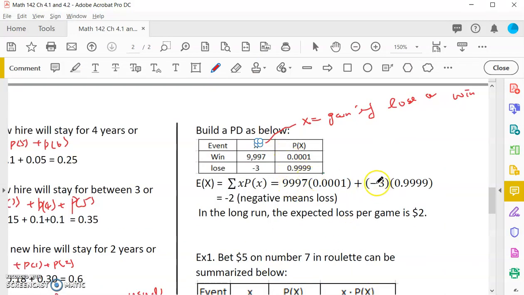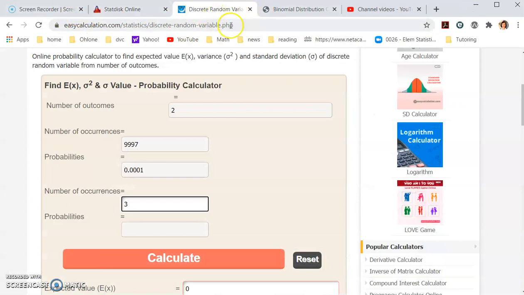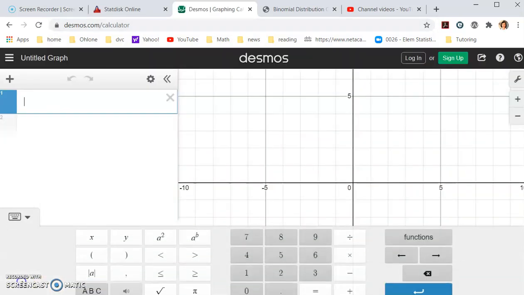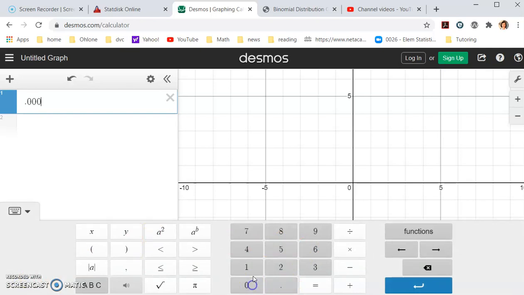So you do 9997 times 0.0001, and then for losing, -3 times its probability. We can use a scientific calculator here. So this is X. Did I get it wrong?